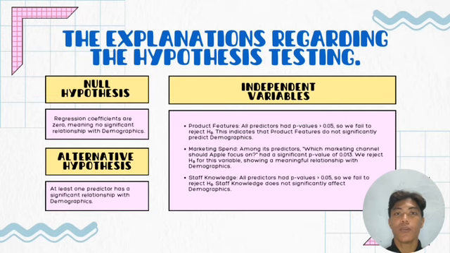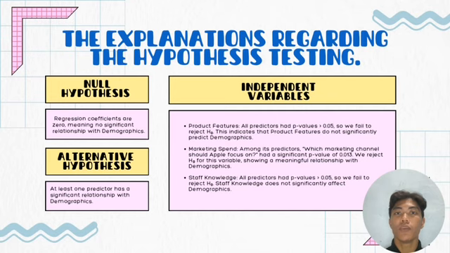Marketing spend: among its predictors, which marketing channel should Apple focus on had a significant p-value of 0.013. We reject the null for this variable, showing a meaningful relationship with demographic. Staff knowledge: all predictors had p-values above 0.05, so we fail to reject.